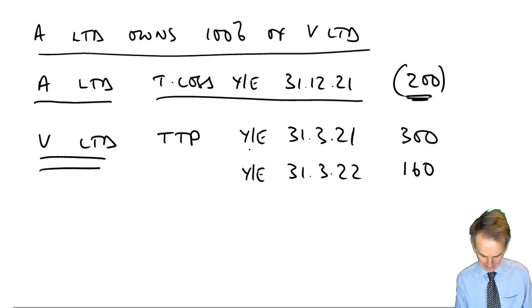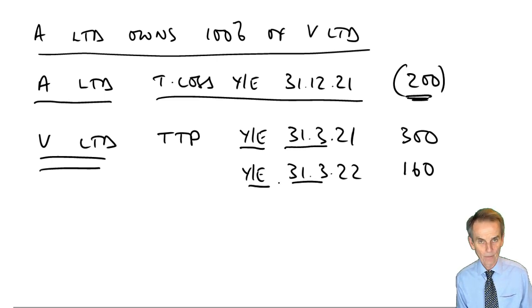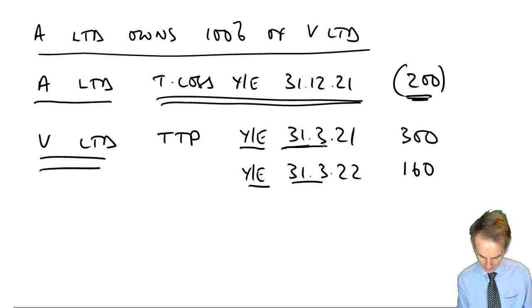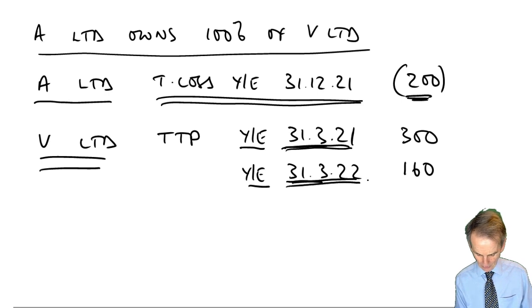has prepared accounts to the 31st of March year end. So that means that the loss-making period of the year ended December 21 corresponds partly with the year ended March 21 and partly with the year ended March 22.